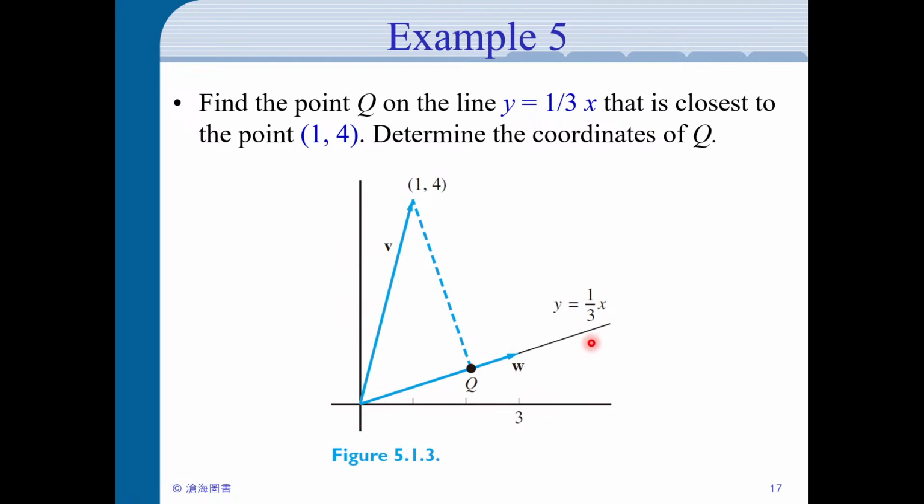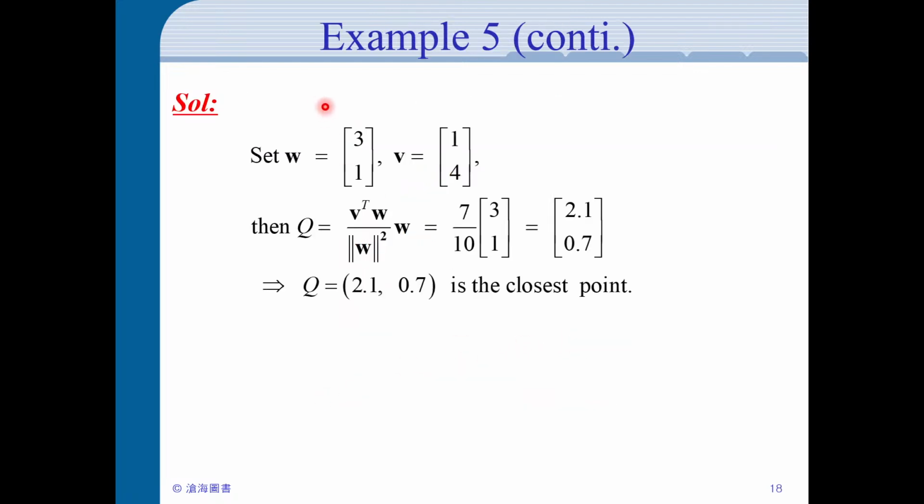We have a line written as y equals 1/3 x, and a vector (1, 4), and we want to find the projection of (1, 4) onto this line. First we express the line as multiples of one vector, and that vector should be (3, 1), because for any multiple of (3, 1), y will be 1/3 of x.